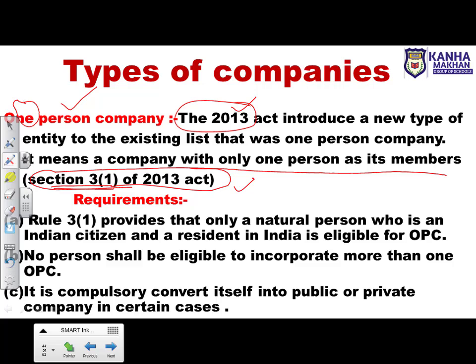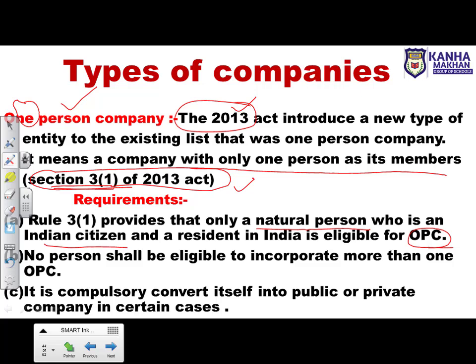Okay, so let's check out the requirements. What are the requirements for this one-person company? The first one is, according to Rule 3 Section 1, it provides that only a natural person who is an Indian citizen and a resident in India is eligible for OPC. OPC is the short abbreviation for one-person company.